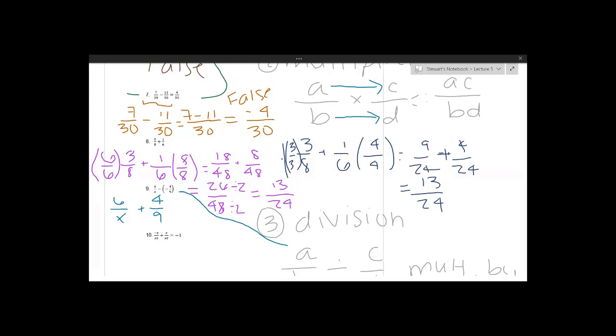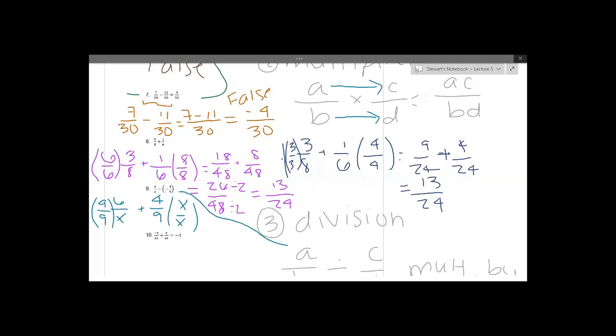So we can work with positive fractions. And then we apply rule 1 again, which is where we multiply to get the denominators to be the same. So over here, we'd have to multiply by 9 over 9. Over here, we'd have to multiply by x over x.